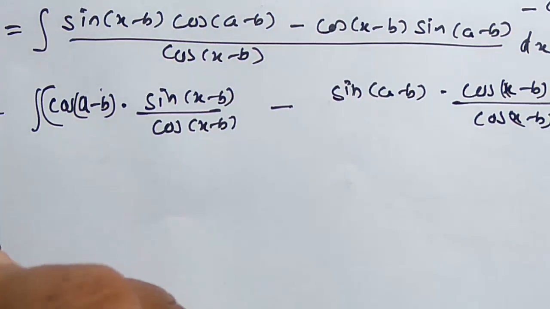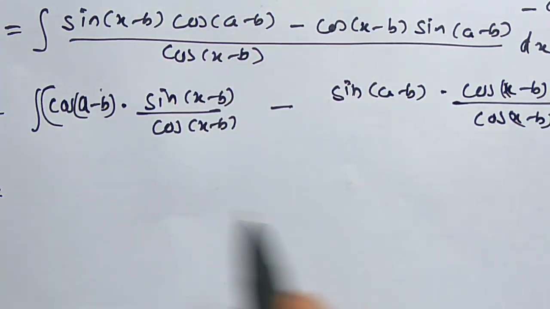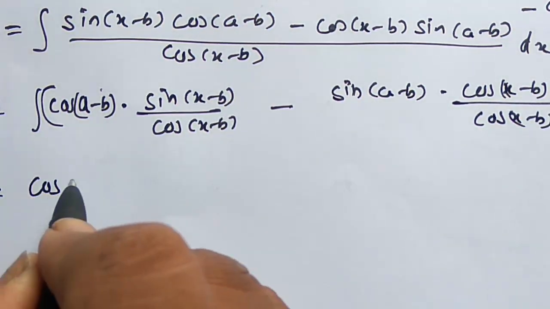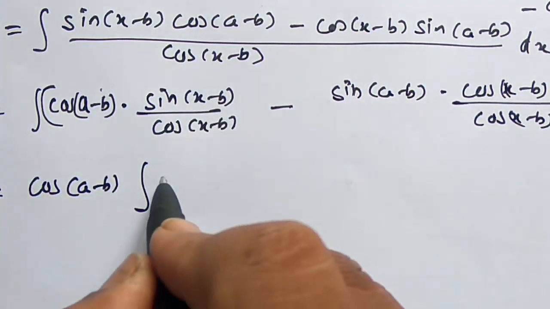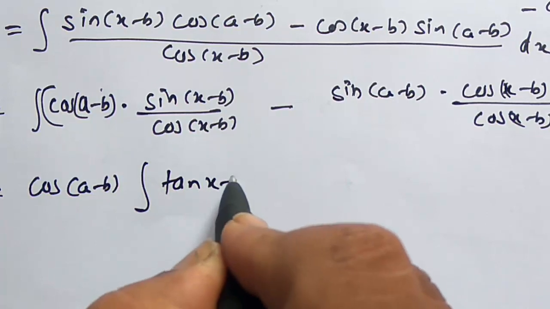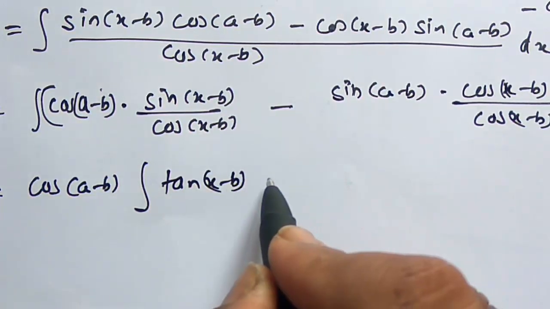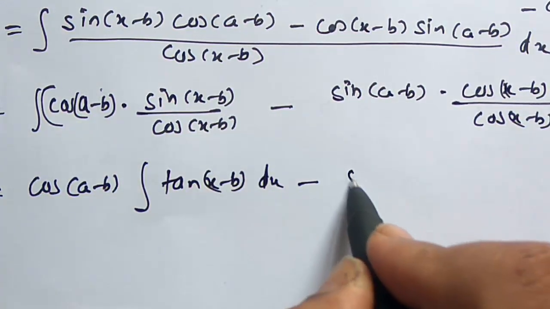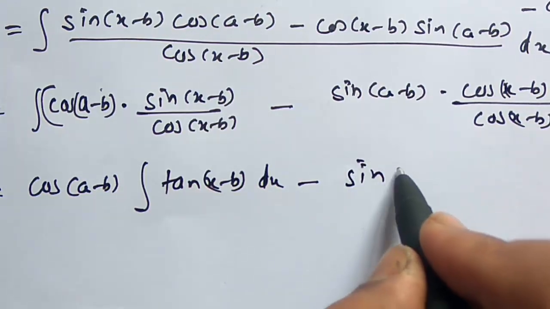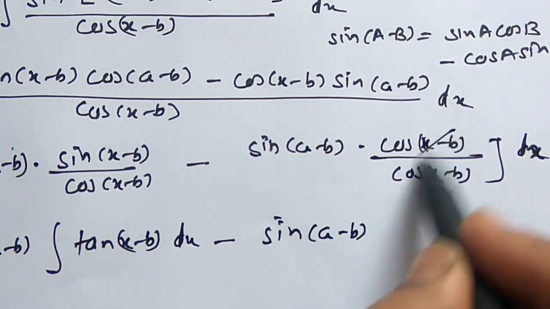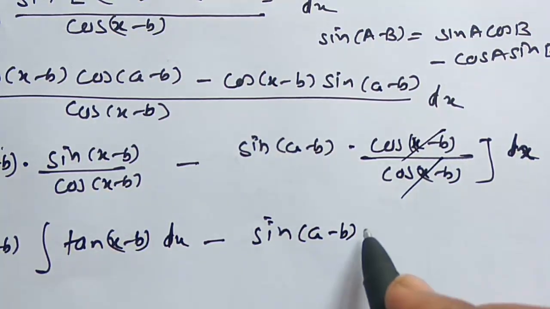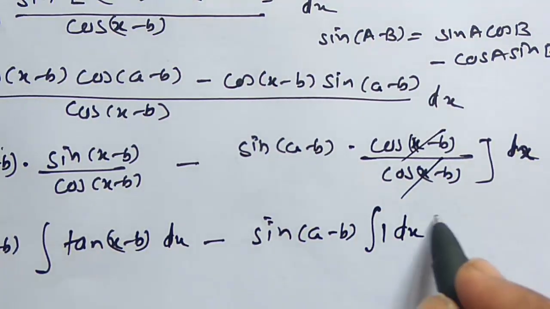Therefore it is equal to cos of (a minus b) integration of sine upon cos, it is tan of (x minus b) dx, minus sine of (a minus b); here cos of (x minus b) gets cancelled, so it is only 1 dx.